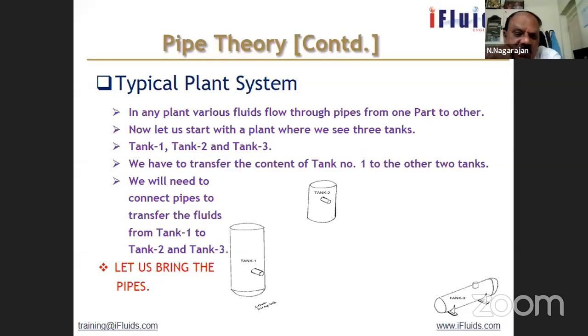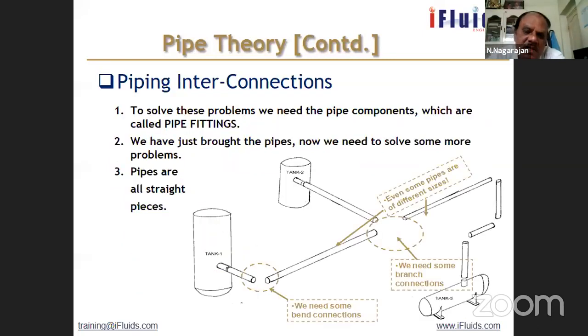So how to connect? We want to make flow from one tank to another tank. So how do we make it possible? To transfer fluid from tank to tank, we need pipes. So you bring the pipes. So now we have brought the pipes. You can see all the tanks are connected with pipes.